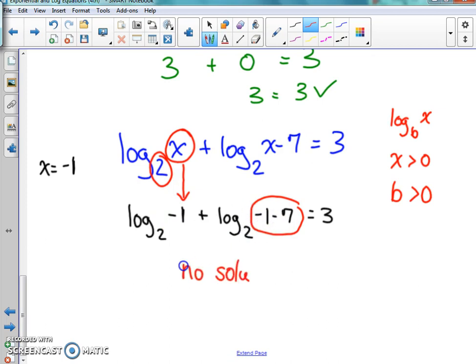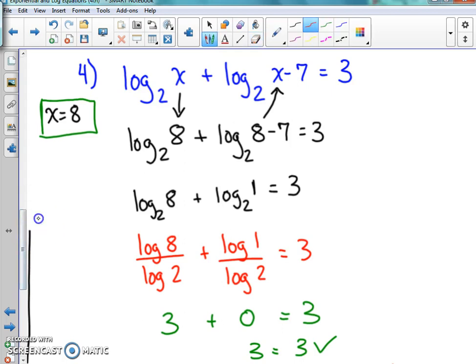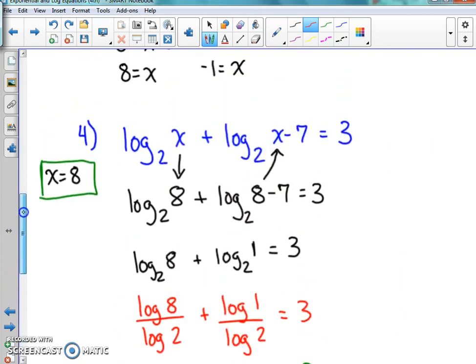So this would not work out. You can't have a negative number in that spot, or even a negative number overall right here. So if that happens, you just stop and say no solution. So in this problem, the only answer is x equals 8. That's the only answer that works for this problem. So your final answer is x equals 8.